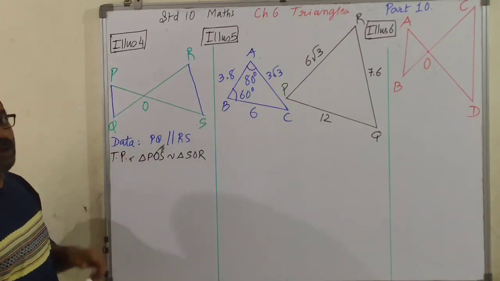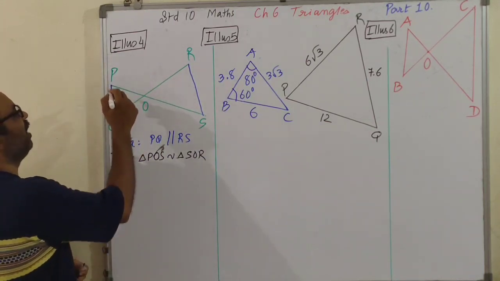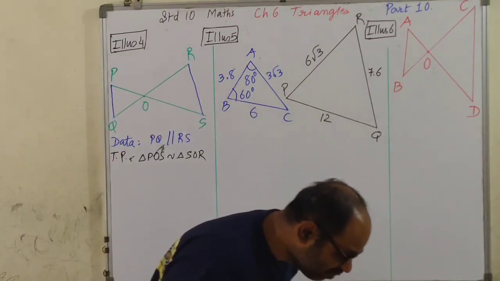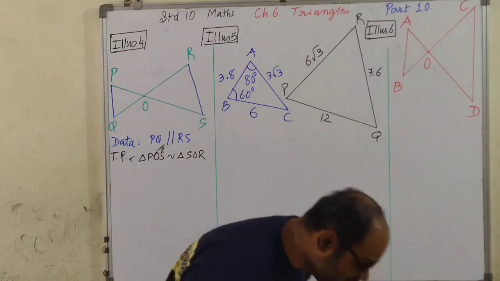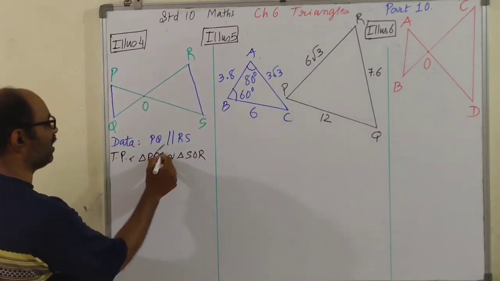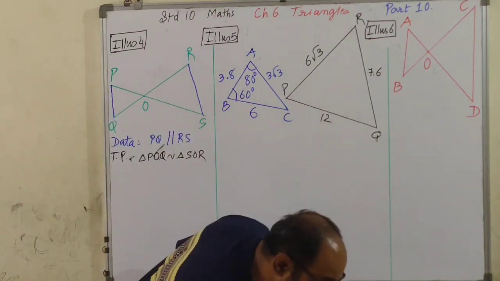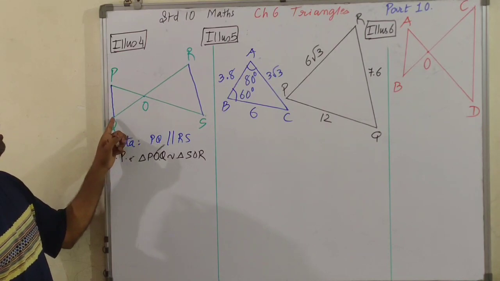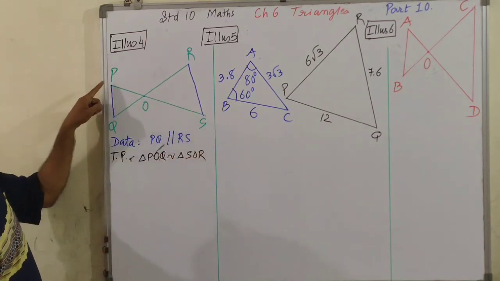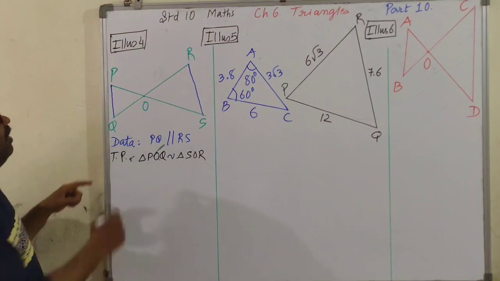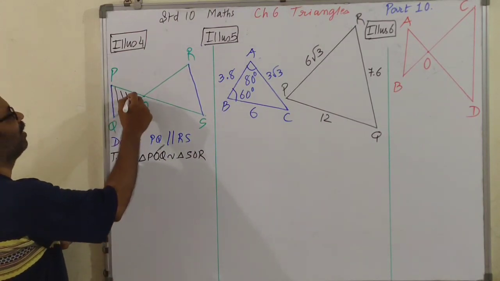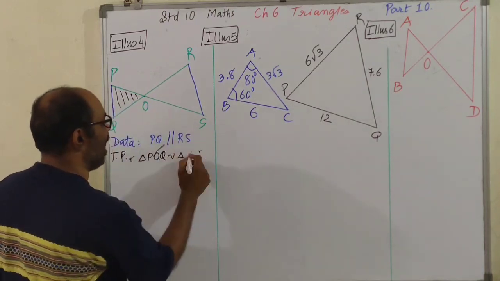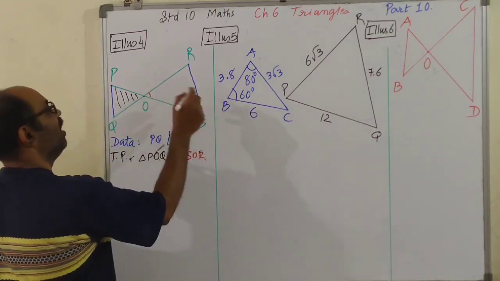You have to prove triangle POS, I'm sorry, some mistake is there. PQRS, POQ. It's not POS. POQ similar to SOR. Triangle cannot be POS. Triangle POQ is similar to triangle SOR.